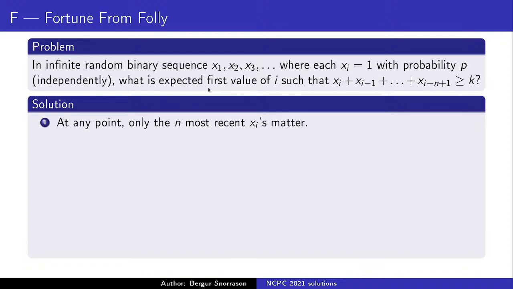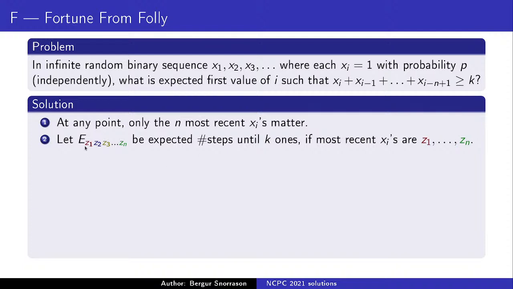So here's how to solve this. The first basic observation is that at any given point, you don't care about the full history. If you think about going step by step in this sequence, at any given point, only the n most recent x_i's matter.